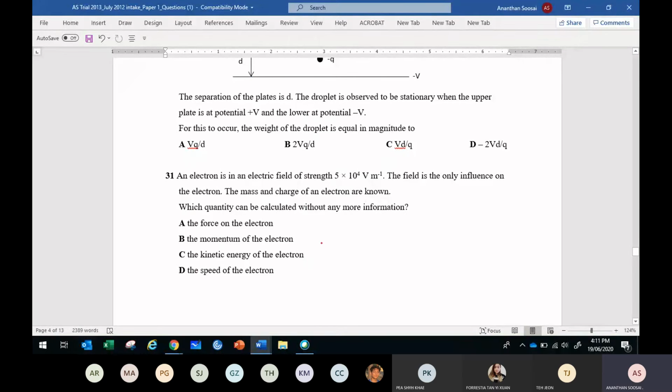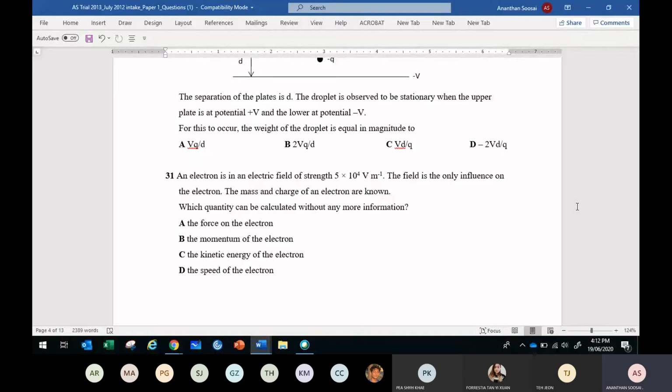Okay, question 31. Give me the answer. 1 minute for you. Electric field. An electron is in an electric field of strength that much.